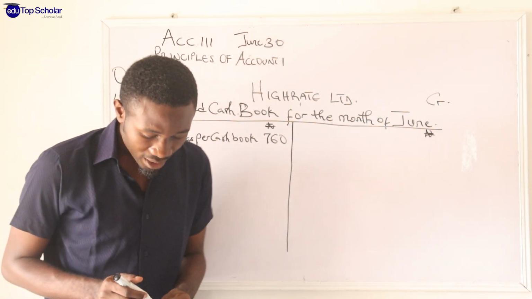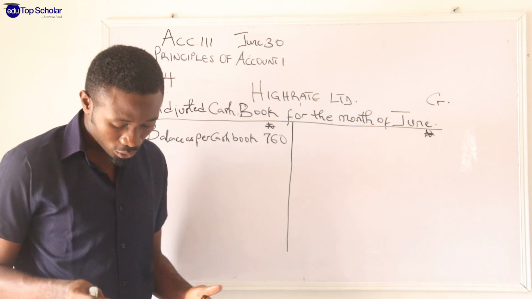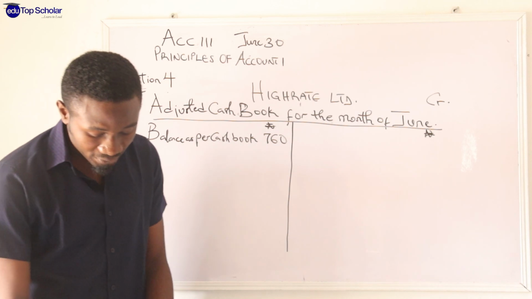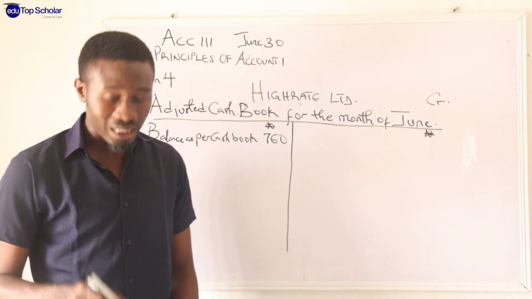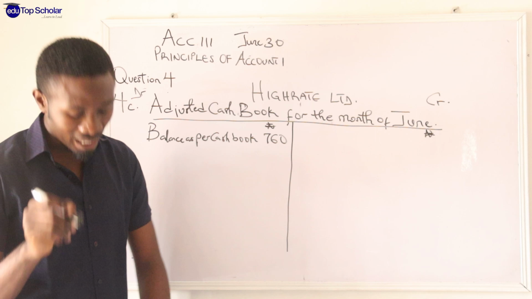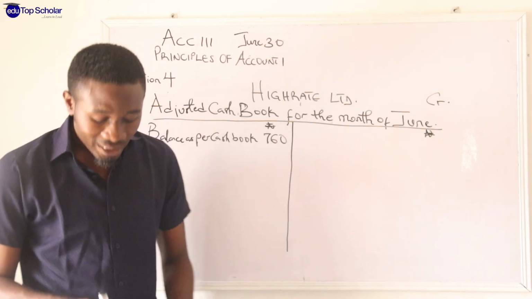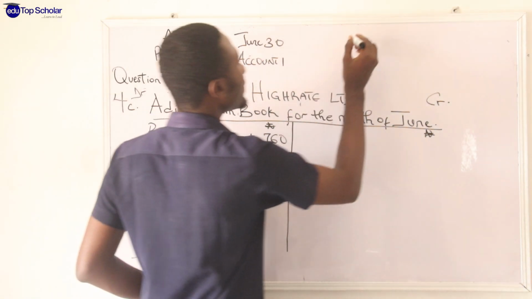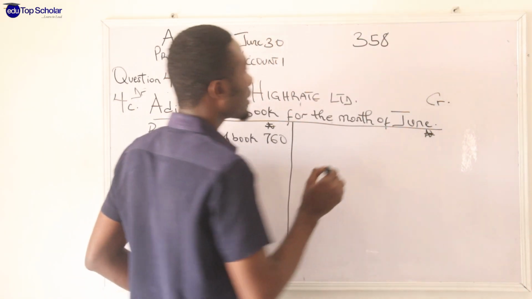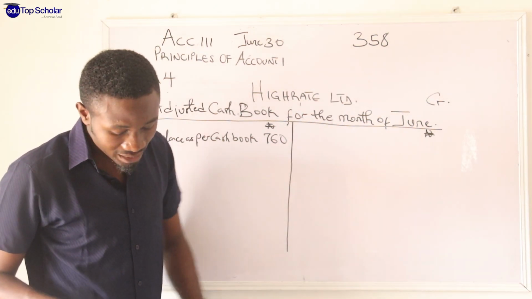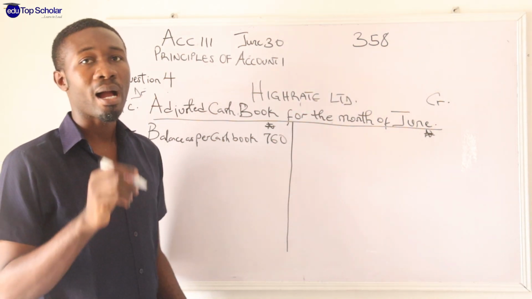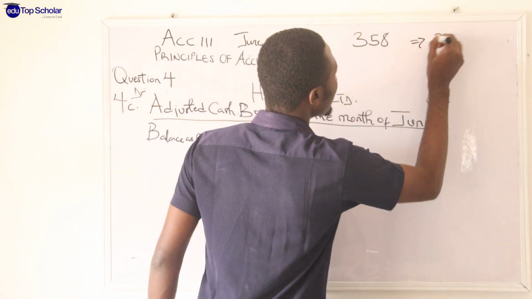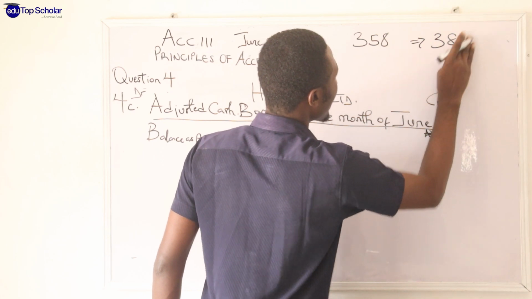The first one says a cash paid for public relation on 2nd of June 2019 for 358 naira had been entered in the cash book as 385. So here they told us that a check that was paid for public relation on 2nd June was 358 naira. So we issued a check of 358 naira, but we made an error in recording our books. In our books, we recorded it as 385 naira.